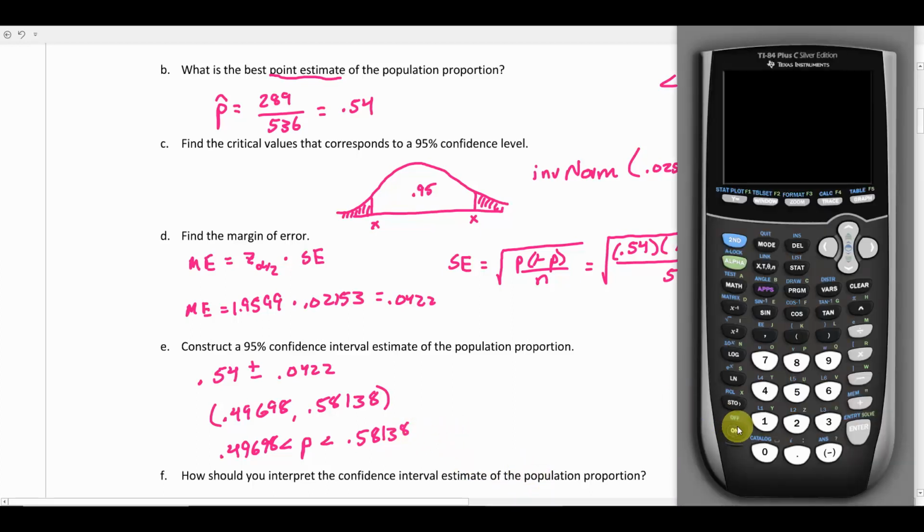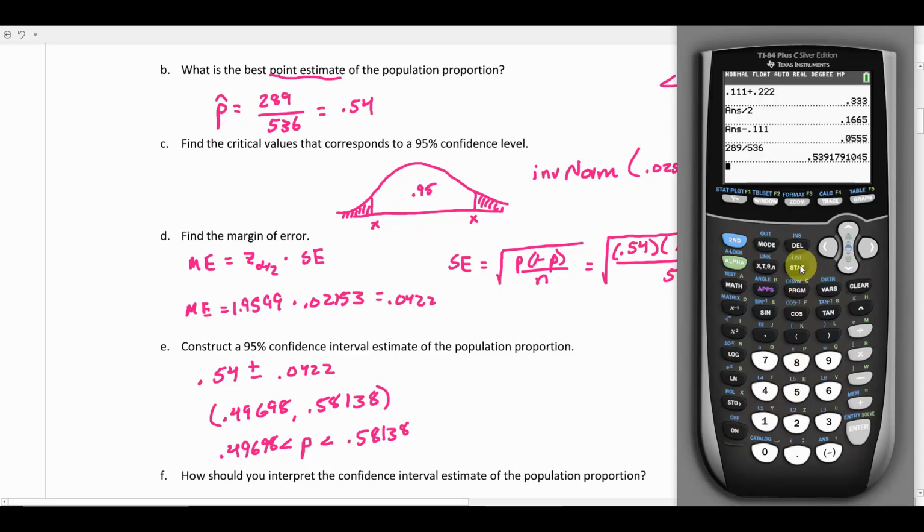You could do that on your calculator as well. I showed you how to do it by hand there, but you could do it on your calculator fairly simply. We go over here to tests, and what we did was a 1 prop z int. That would be the correct test on the calculator for proportion. We're going to do our number of successes, which we pointed out was 289, and then the sample size was 536.